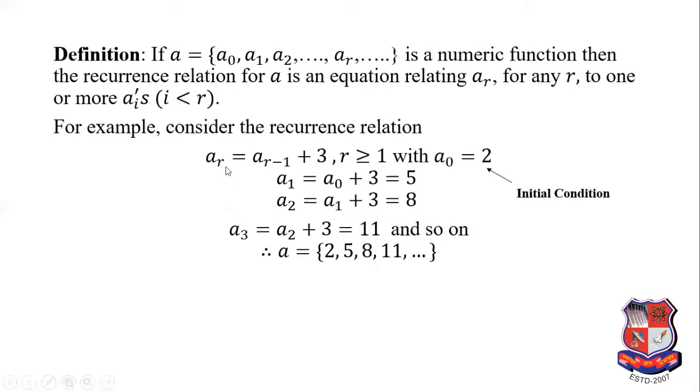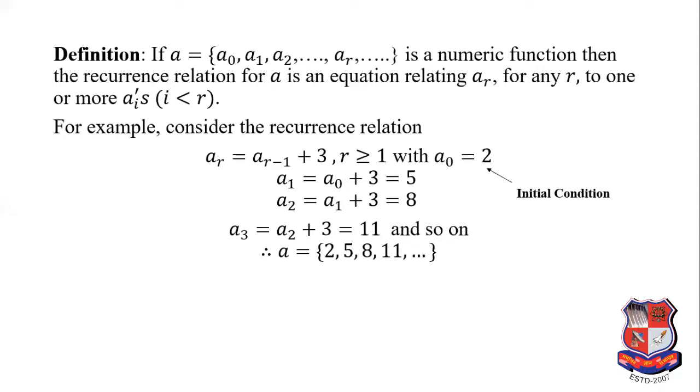Here AR is equal to AR minus 1 plus 3, where the value of R is greater than or equal to 1, with A0 equal to 2. This is called an initial condition. Now, if you substitute R equal to 1 in the recurrence relation, we'll get A1 is equal to A0 plus 3.